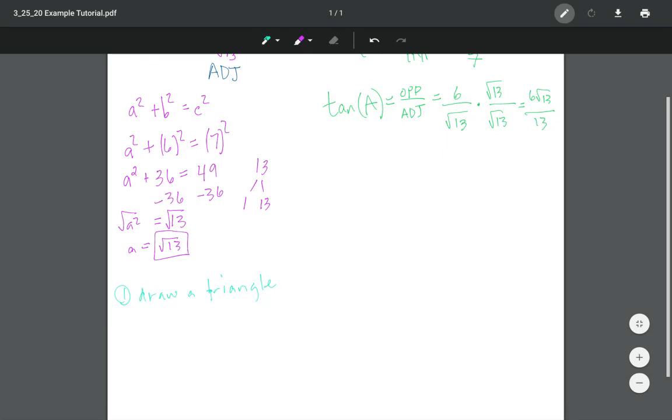Pick your reference angle. And label which sides are given.